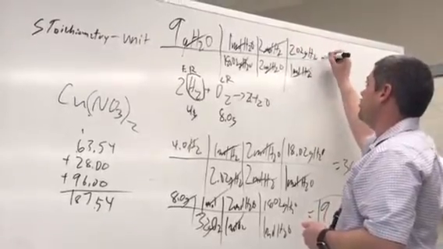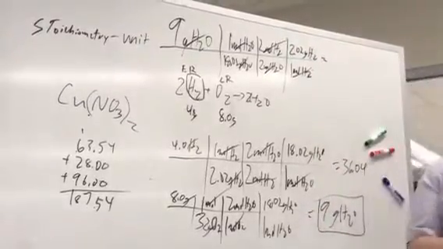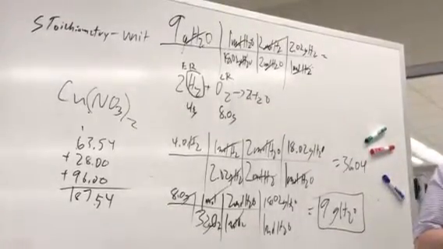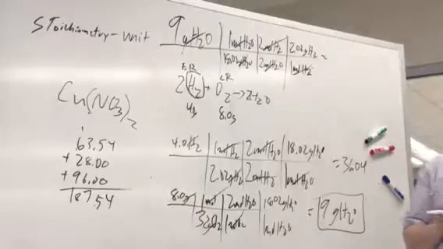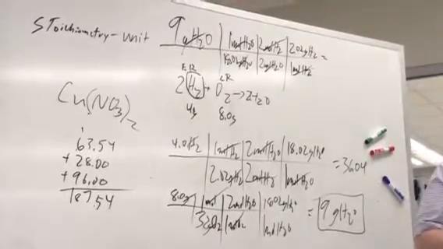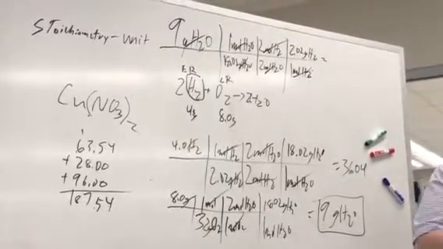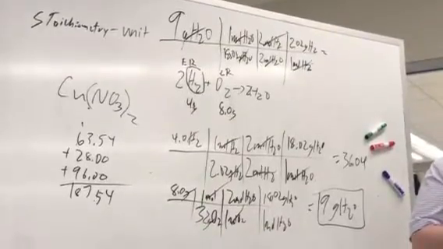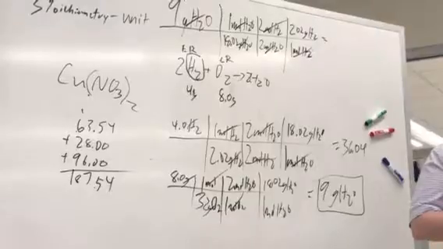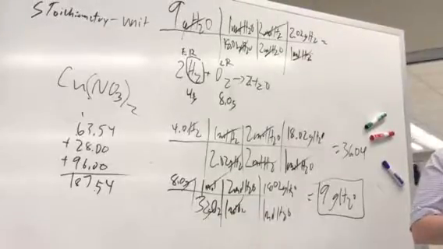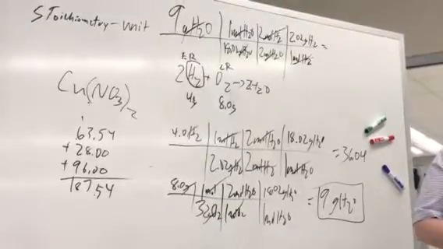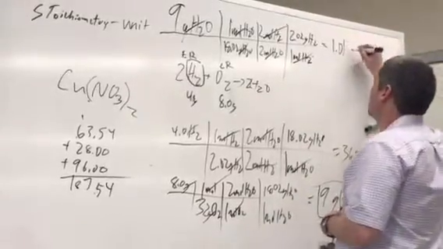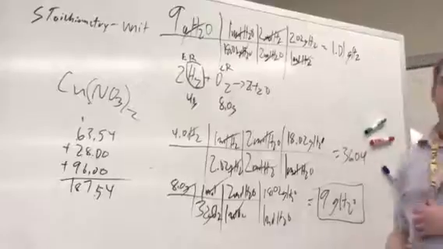So if I go 9 times 2 times 2.02 divided by 18 divided by 2, that is 1.01 grams of H2, which is what I actually used.